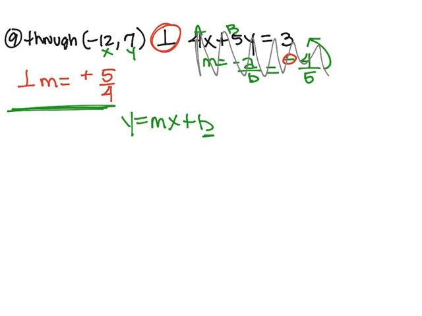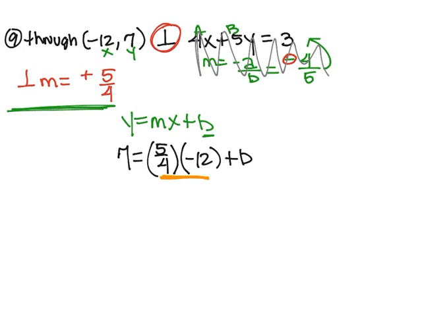So the y of my point is 7. My perpendicular M is positive 5 over 4. My x is negative 12 plus B. So you're going to take your calculator and you're going to type this in for multiplication.